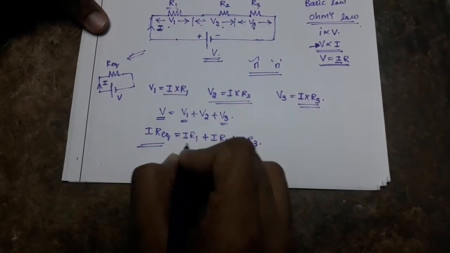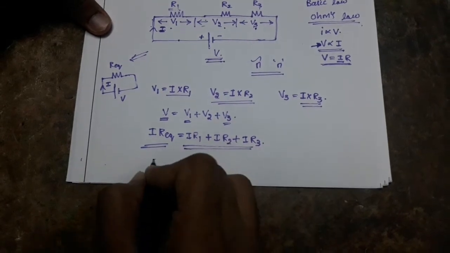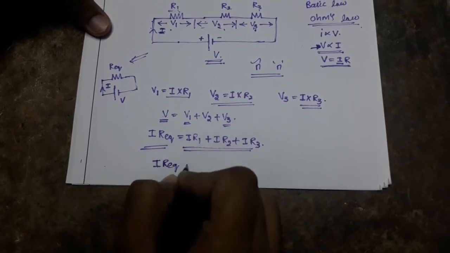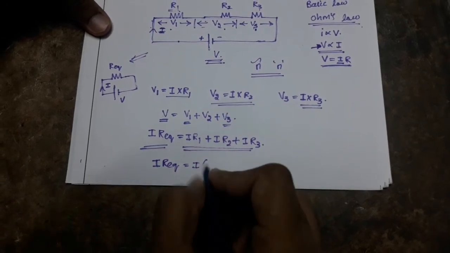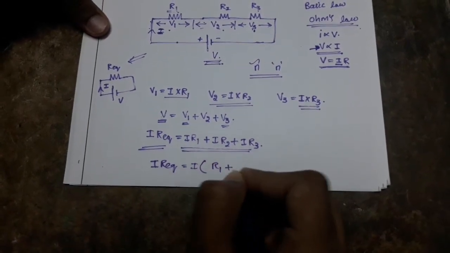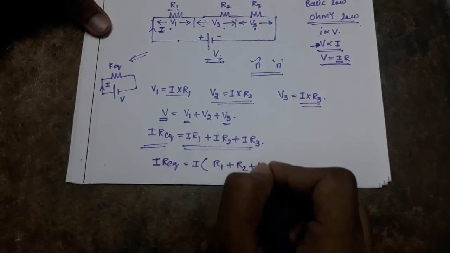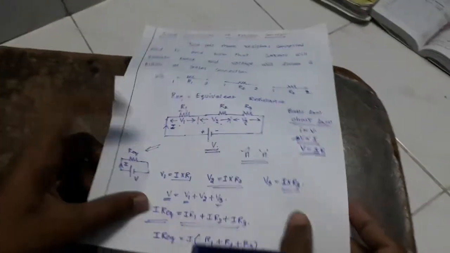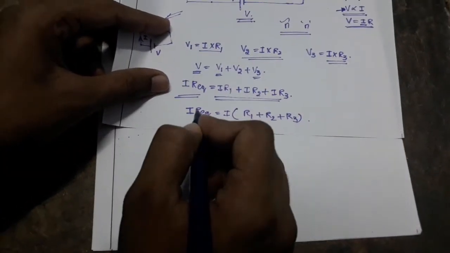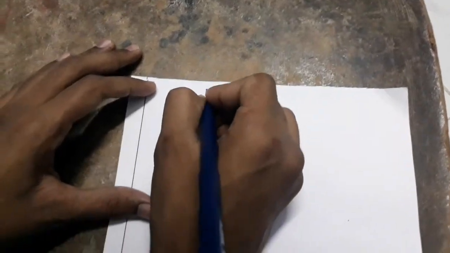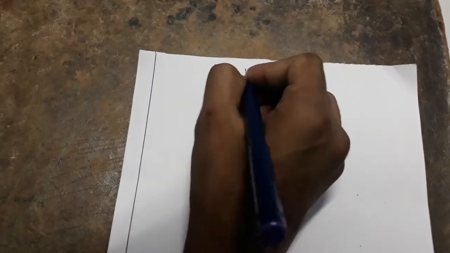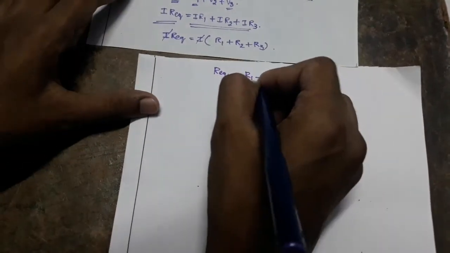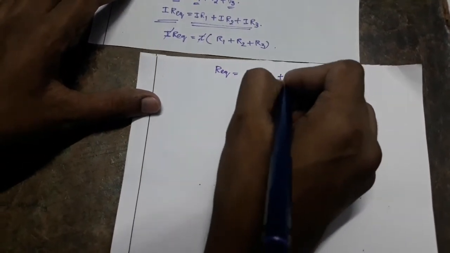From this I am taking I as common. So I into R equivalent equal to I into R1 plus R2 plus R3. So from this I gets cancelled. So we will get R equivalent equal to R1 plus R2 plus R3.